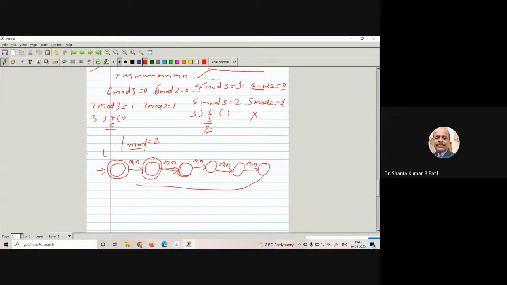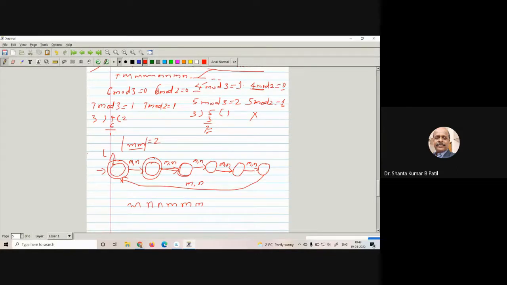That's what I am taking here. 6 M's here, 6 N's coming, or combinations. 6 symbols are there, it should accept, whether it is all M or all N or combinations of M and N. For example, you can take a 6-symbol string like M, N, N, M, M, M. First M goes to this, next N goes to this, next N goes to this, next M, M, and the last M. That's what takes it to the final state.